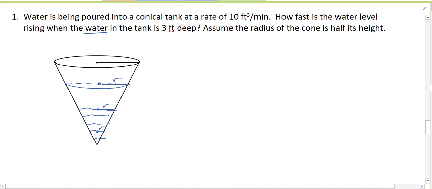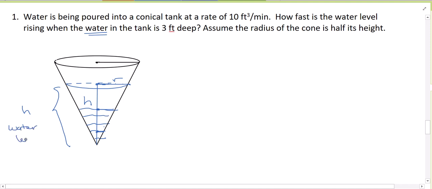And then what else? The water level is changing. So let's call the height H. So we have R and we have H. Let me clean up some of these other variables, from when I was explaining how things are changing. So H is the water level.